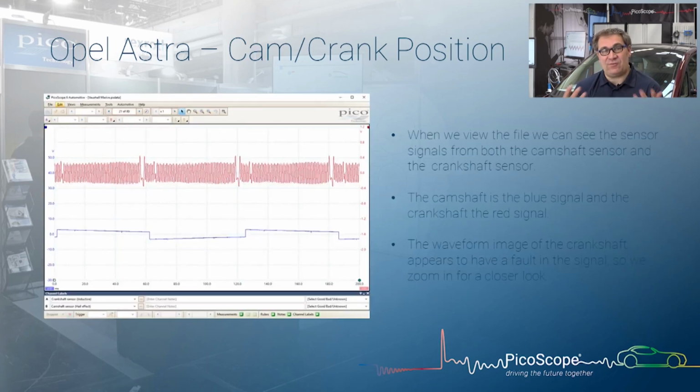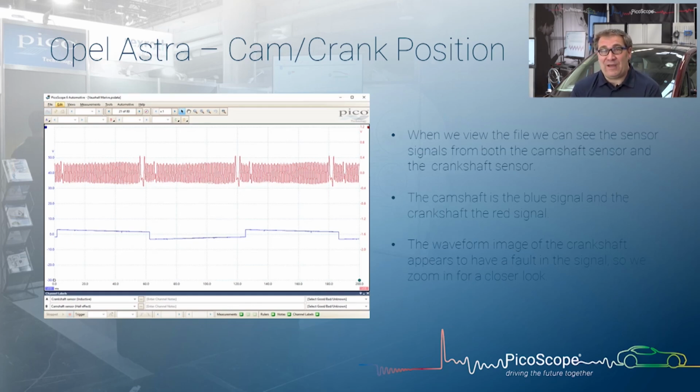So it's clearly a two-signal, two-channel waveform we're looking for. For those of you who aren't aware, we've now got our crankshaft sensor at the top, that's our red signal, and then our camshaft is our blue signal. That's quite different to the camshaft sensor that Phil showed you on the car we're working on here, and that's quite normal.